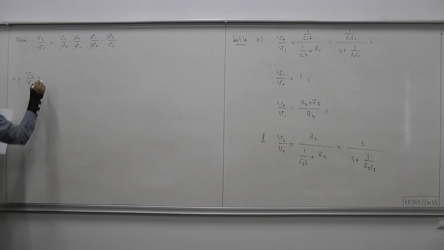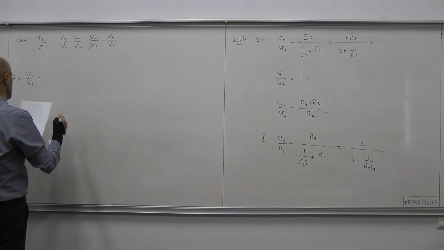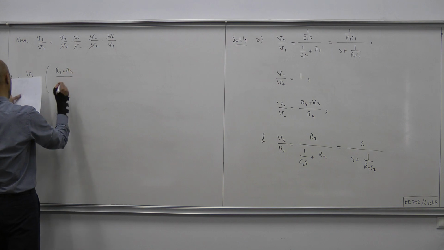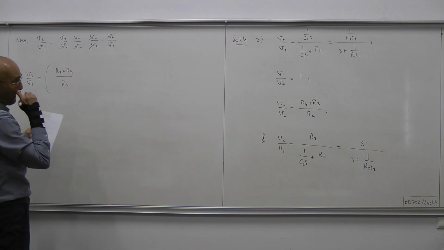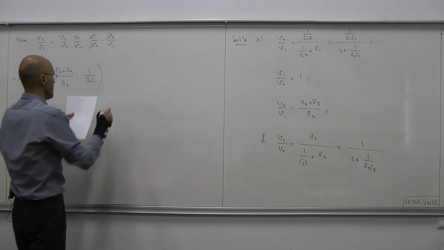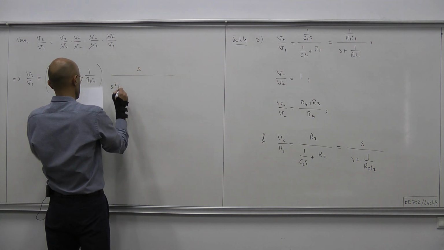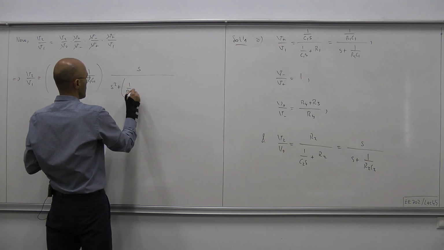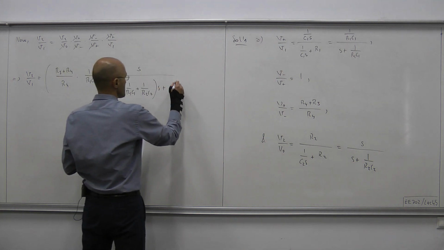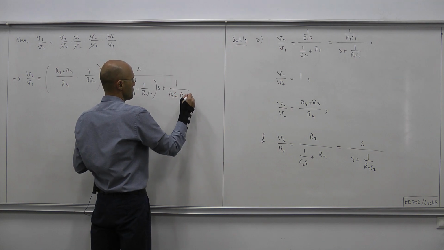Hence, V2 over V1, or in other words, our transfer function equals, after the simplification, R3 plus R4 over R4 times 1 over R1 C1, multiplying S over S squared plus 1 over R1 C1 plus 1 over R2 C2 times S plus the product of those two terms, 1 over R1 C1 R2 C2.